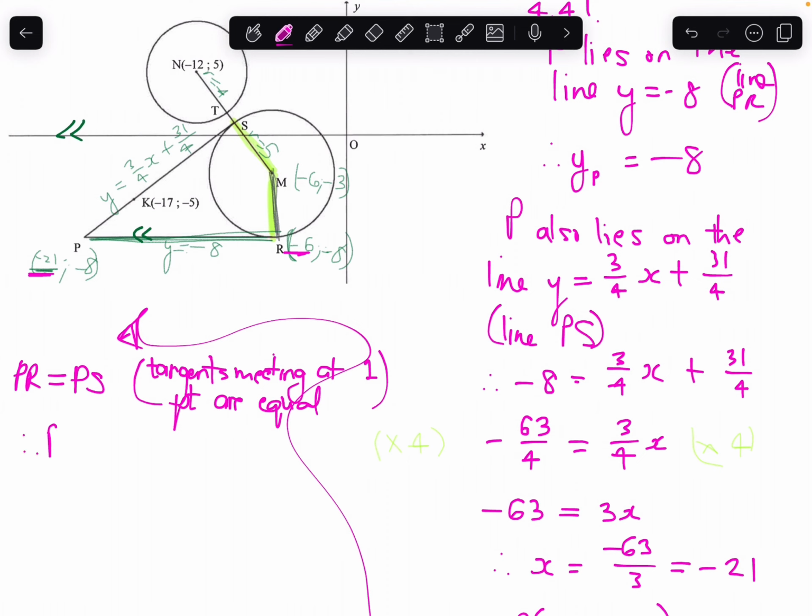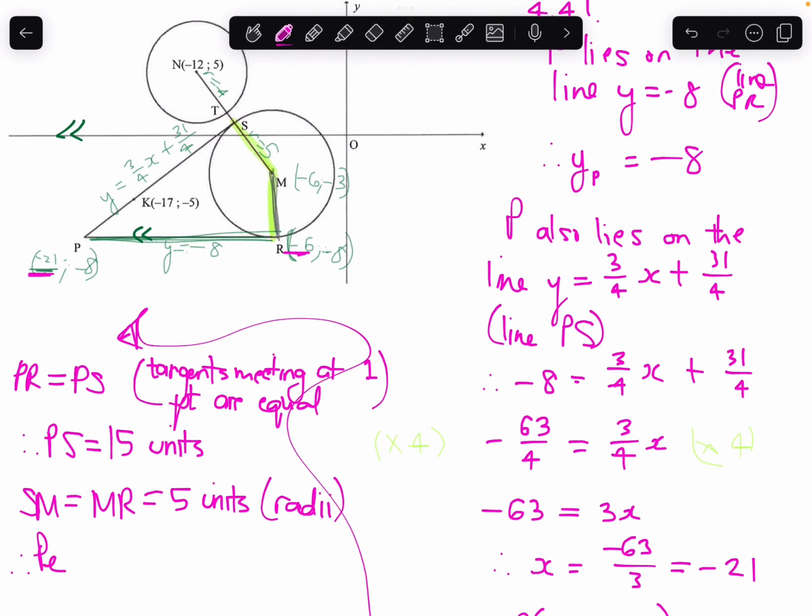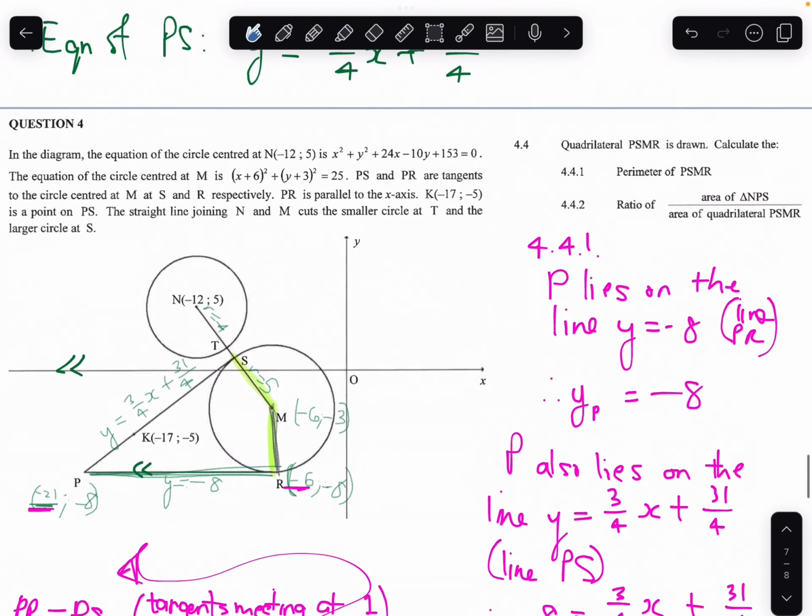So therefore, PS is also equal to 15 units. And we know that SM is equal to MR is equal to 5 units, because they're both radii. And so therefore, the perimeter that we are looking for is going to be 5 plus 5 plus 15 plus 15, which gives us 40 units. Okay, wow, that was quite a busy one, but very cool.